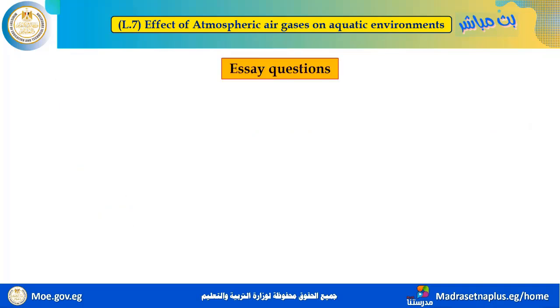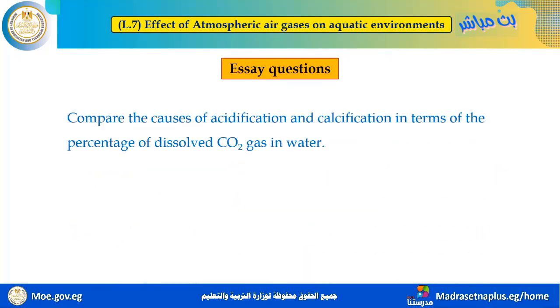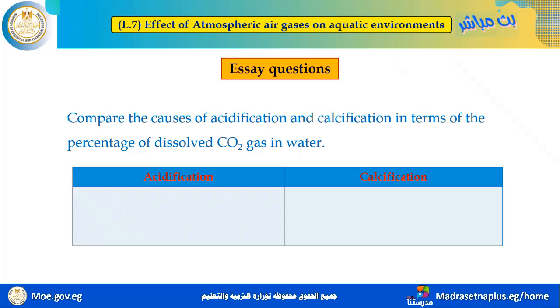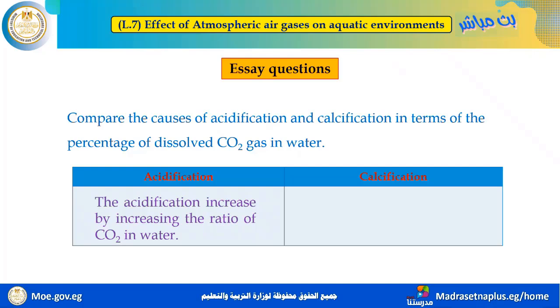And now, my dear student, let's go for the essay questions. Compare the causes of acidification and calcification in terms of the percentage of dissolved carbon dioxide gas in water. The answer: acidification increases by increasing the ratio of carbon dioxide in water.